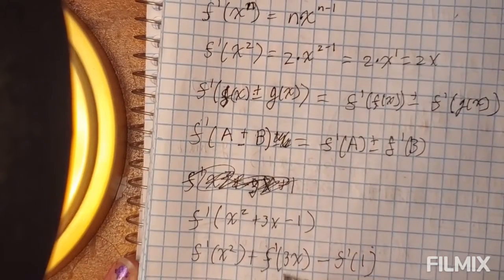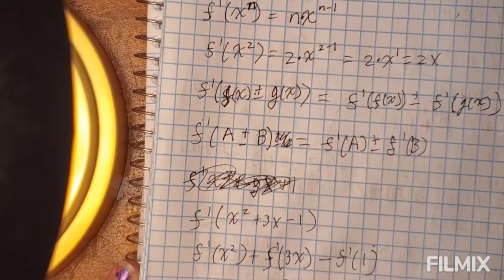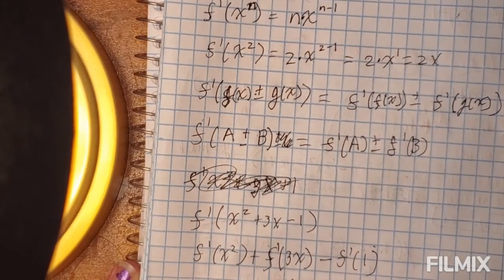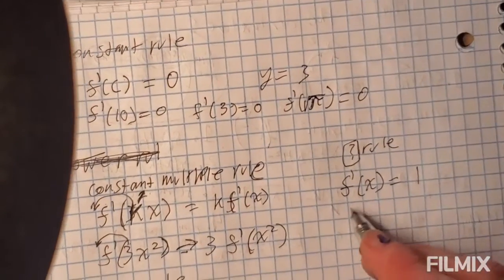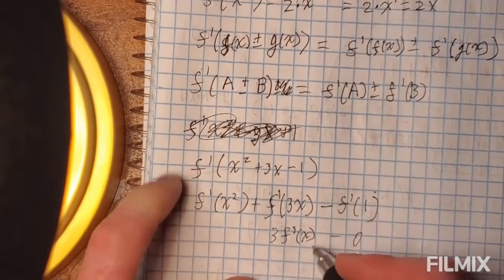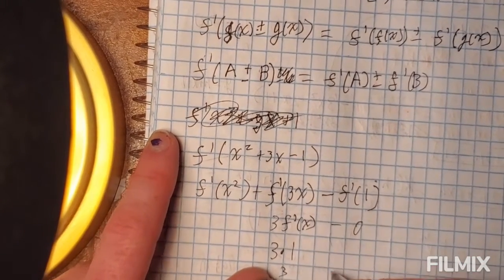That becomes 3 times the derivative of x, and our rule says that f prime of x equals 1. So 3 times 1 is 3.